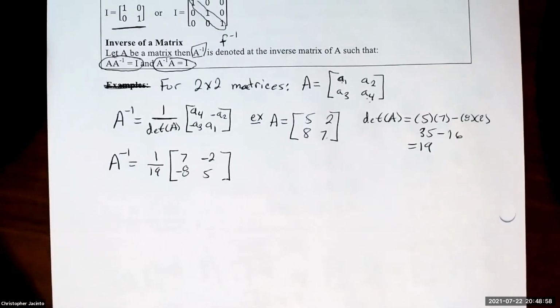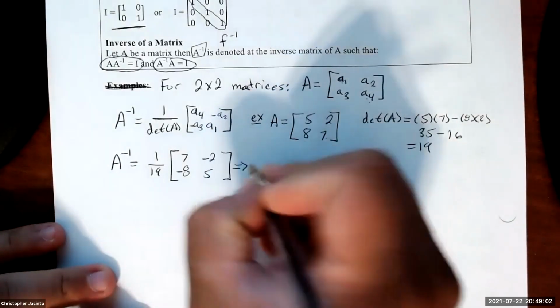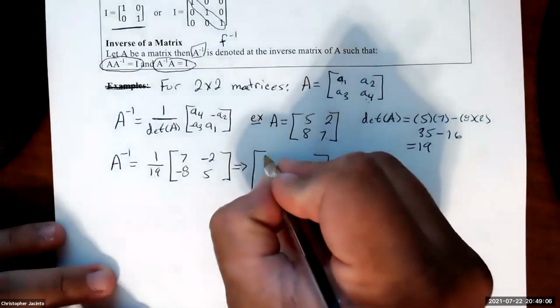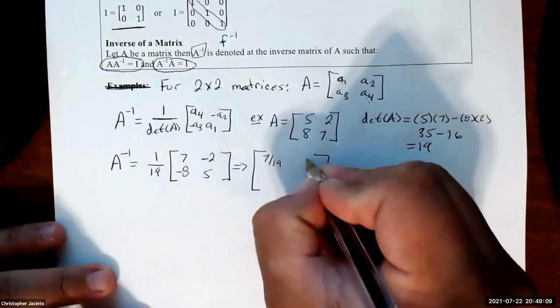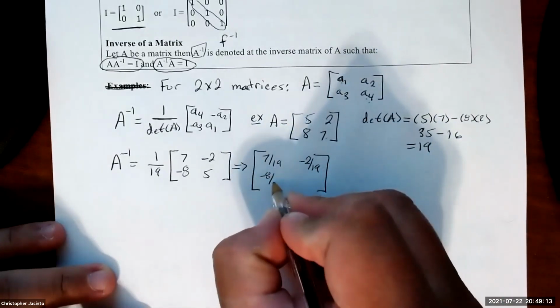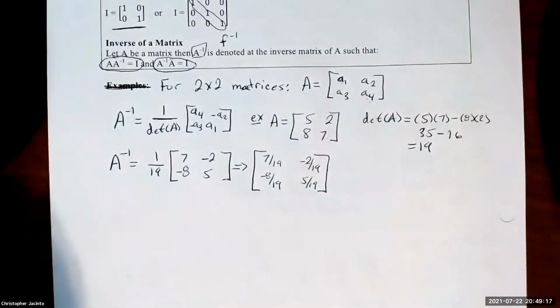And there's your inverse. In most cases, you usually want to put the 1 over 19 into the matrix, and it's not too bad. You just leave it as fractions: 7 over 19, -2 over 19, -8 over 19, and 5 over 19, if you want to leave it like that.